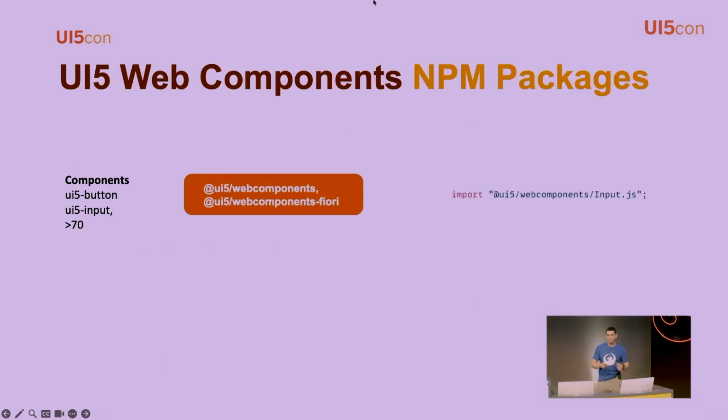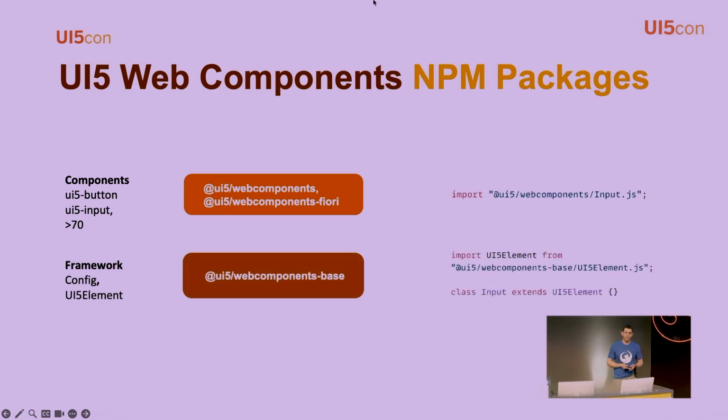Okay, let's see the distribution of the library on npm. So we have the components package, web components, including bread and butter components like buttons, inputs, and pop-ups, commonly used in web applications. And the Fiori package, which includes more design-specific components like flexible column layout and wizard. We now have more than, I think, 70 components. Underneath, we have a framework.